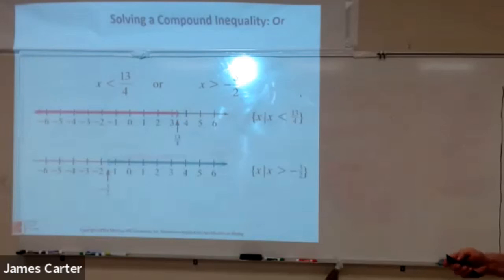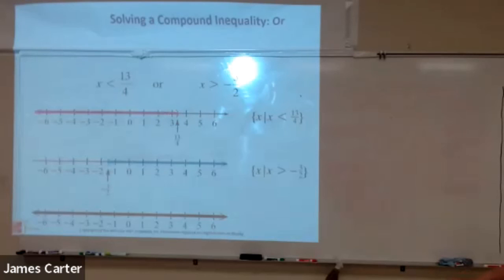All right, so what is the answer? Since this is OR, it's anything in this one, so from here that way, and from here this way. It's got some overlap, but you know what? We don't care because it just says anything that's in either one of them.